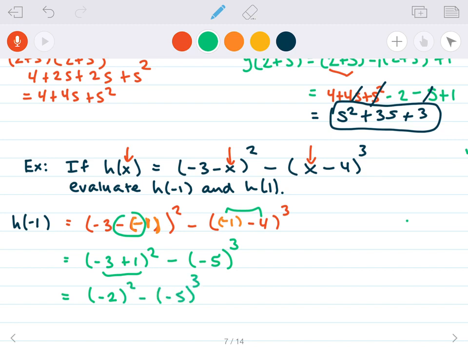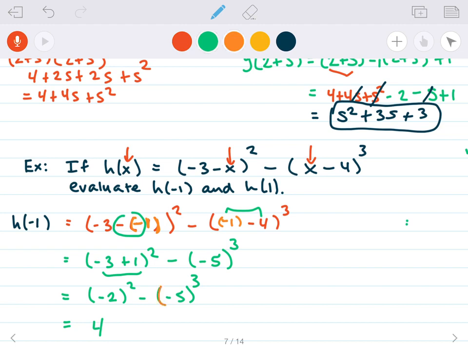Okay, so -2 squared is just positive 4, -2 times -2. -5 to the third power, okay, so that's going to be a negative number. If you put it in parentheses in your calculator, parentheses -5 to the third power is going to give us -125.